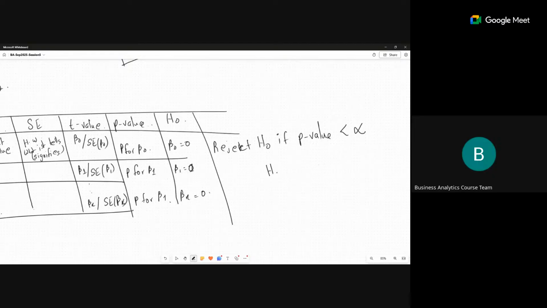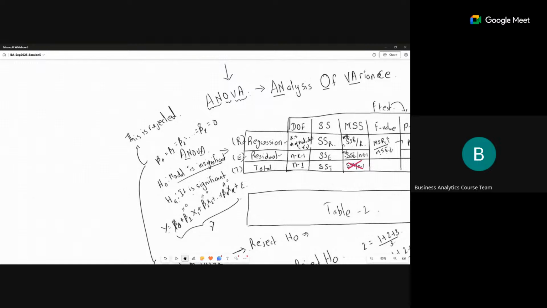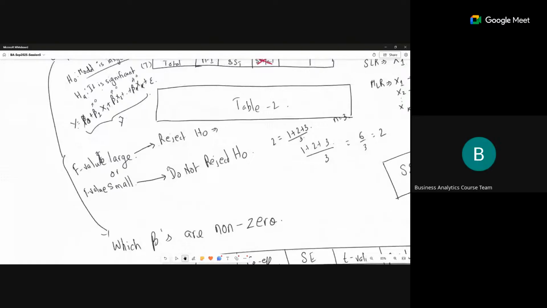So reject H naught for beta i if the p-value for beta i is less than alpha. When you reject, you will know which betas are non-zero, or truly non-zero. All of you with me so far?